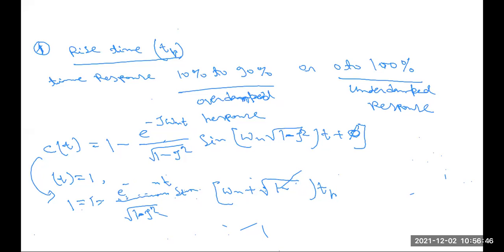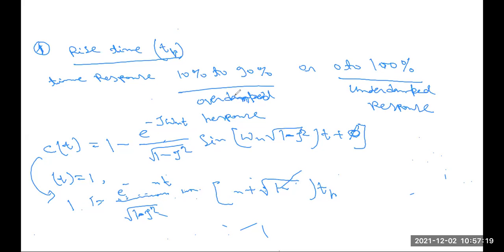In this transient response analysis we have to cover three terms: the rise time, expressed here as TR; the peak time, TP; and the maximum overshoot value. These three topics are very important for transient response analysis in second order control systems.